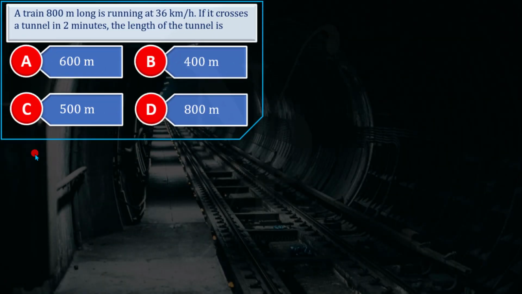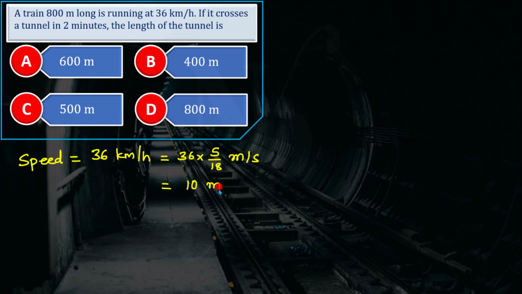The speed of the train is 36 km per hour, which can be expressed in meter per second as 36 into 5 by 18 meter per second, which will be equal to, 18 2 times is 36. Therefore 2 into 5 is 10. It will be 10 meter per second.